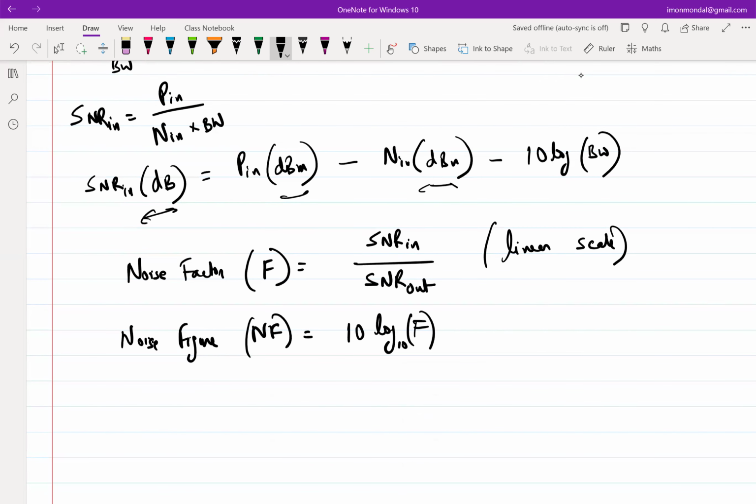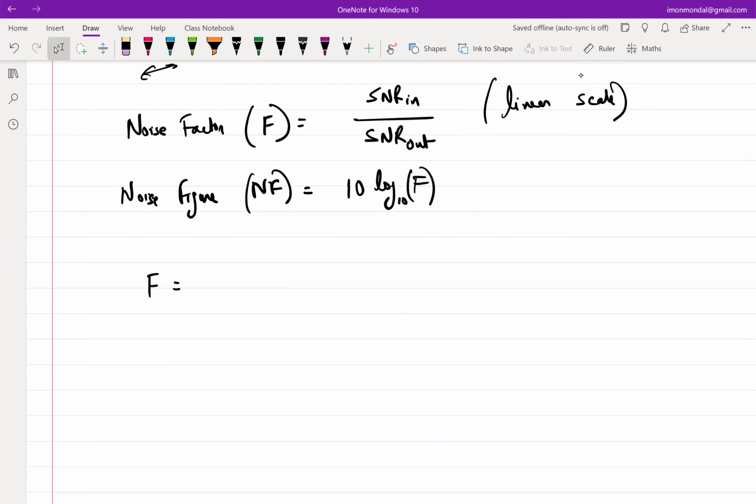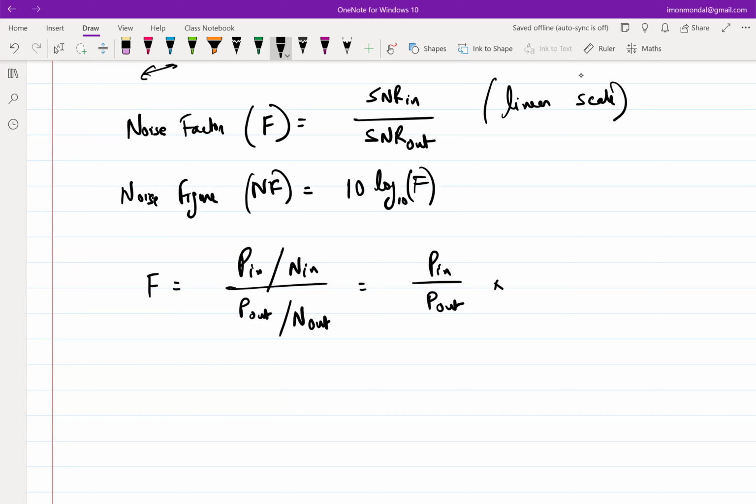So let's break this expression down. Your noise factor is essentially SNR in, which is P in over N in, divided by P out over N out, which is P in over P out times N out over N in.